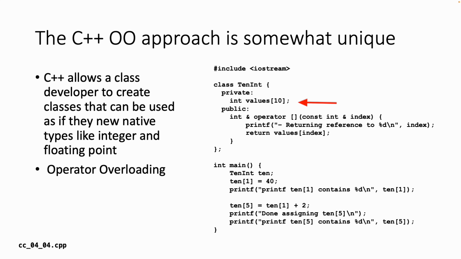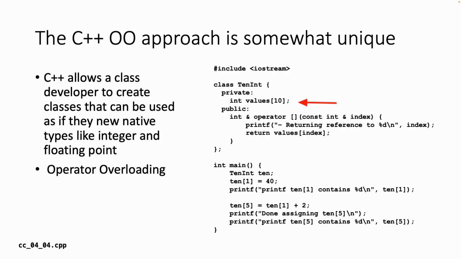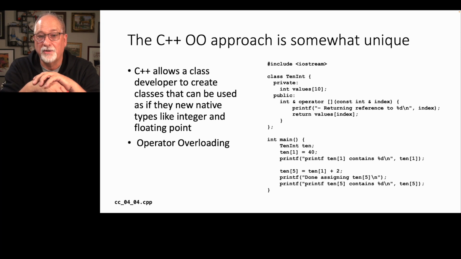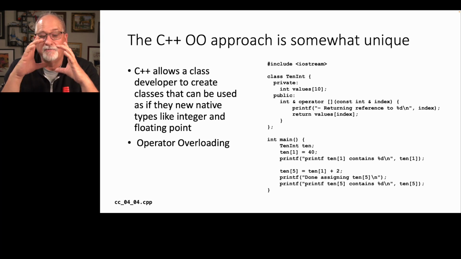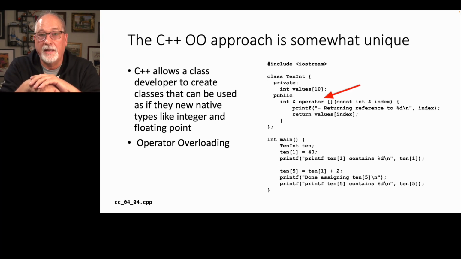So you can't say 10 int 10 dot values in the main, because no, you're not allowed to touch that because it's private. But then what I do is I create a public method, which is the square brackets operator method, the method to be called when the compiler encounters square brackets: my class name, my object name, followed by square brackets, call me.